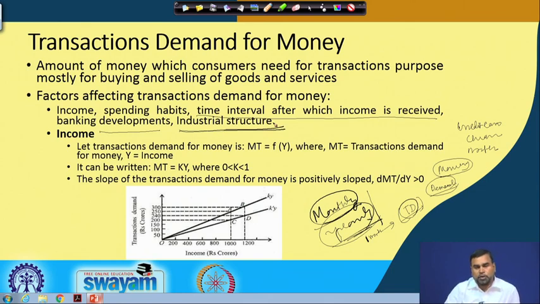In that context, if this industry is growing vertically, then the transactions demand for money declines, because they may not need cash, they may simply transact the money within themselves. So, some people highlight that the vertical or horizontal development or integration of the particular system may also affect the transactions demand for money in that particular economy.